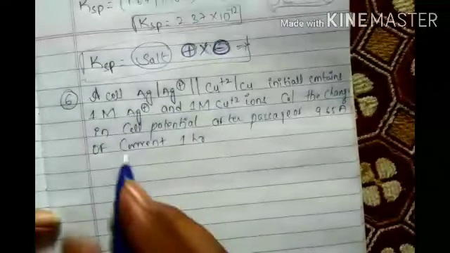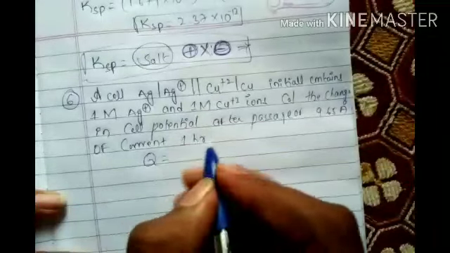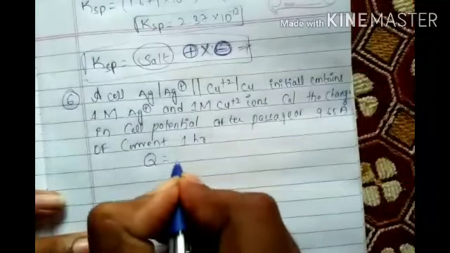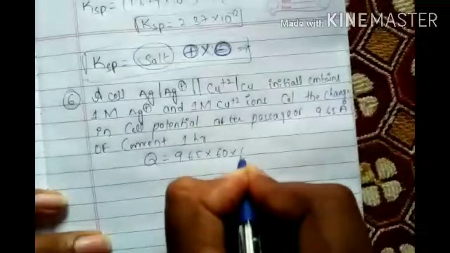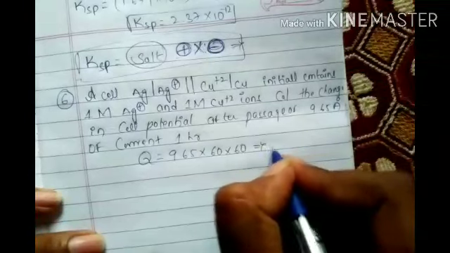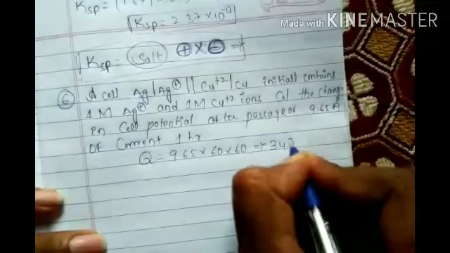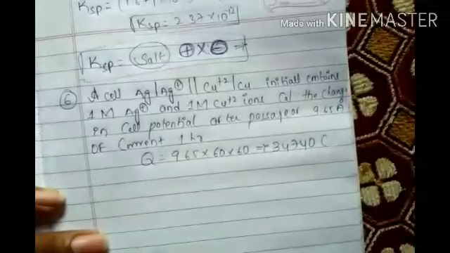Okay, so quantity equals current into time: 9.65 into 60 minutes into 60 seconds, which equals 34740 C.